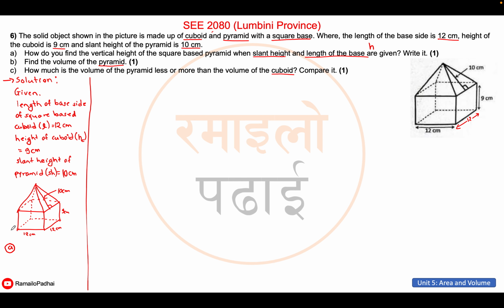Okay, now moving on to A. How do you find the vertical height of the square based pyramid when the slant height and length of the base are given? When the slant height and length of the base are given, we will use Pythagoras theorem to find the vertical height.